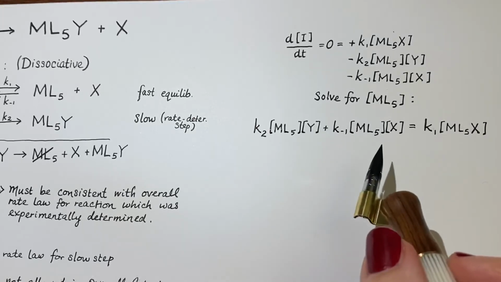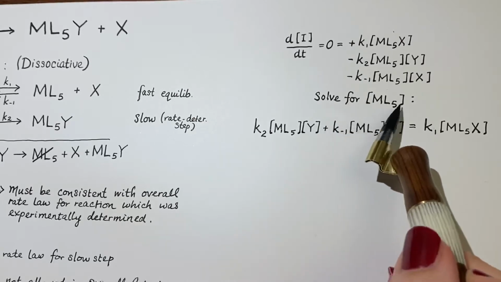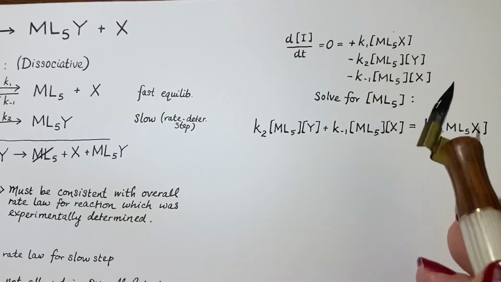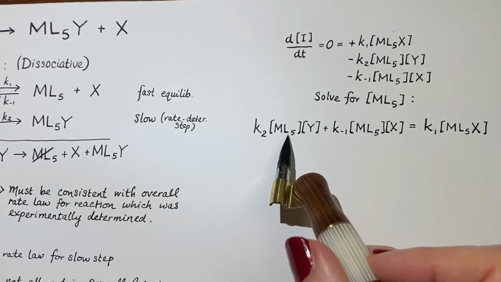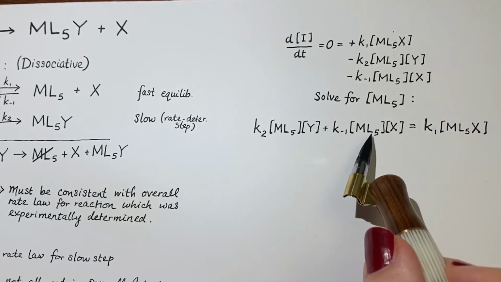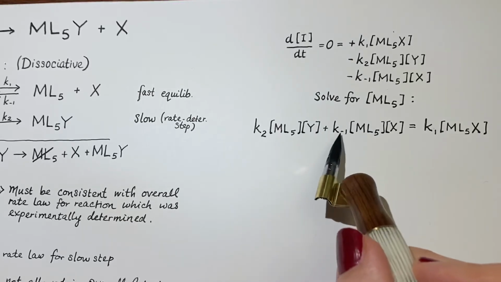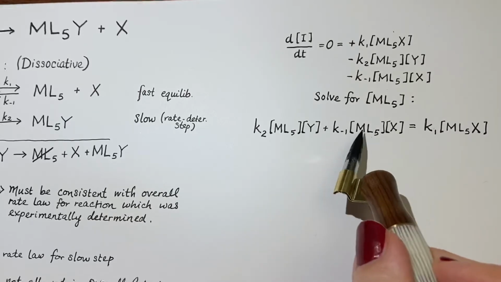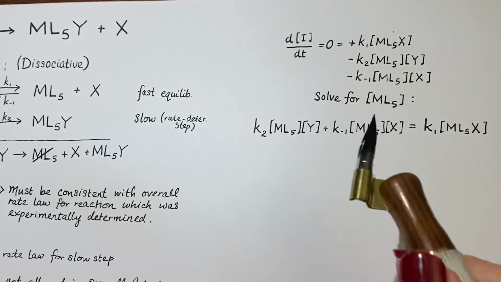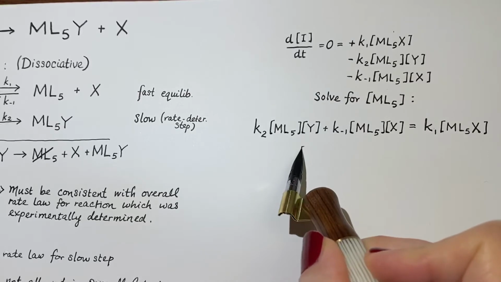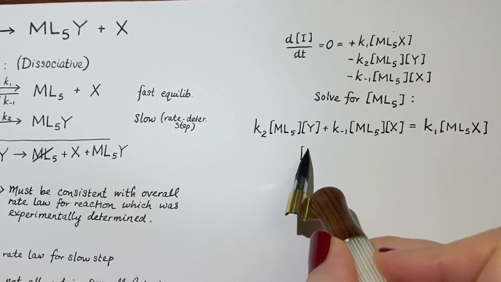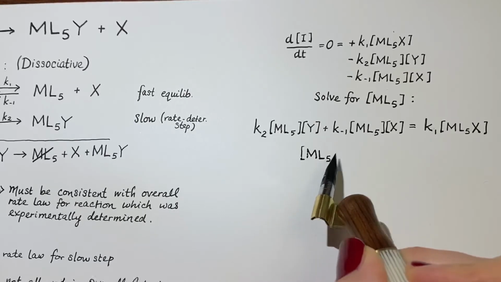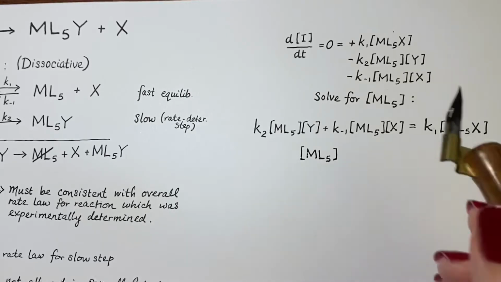So now, what's our goal? Our goal is to solve for ML5. So we want to isolate ML5, which these two terms added together each have multiplied in them. So we can pull that out. A little bit of algebra, if you remember factoring.